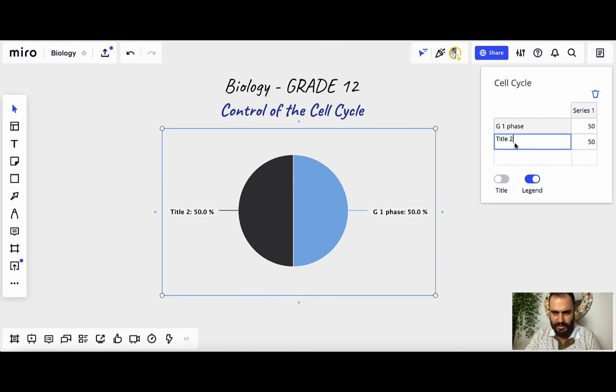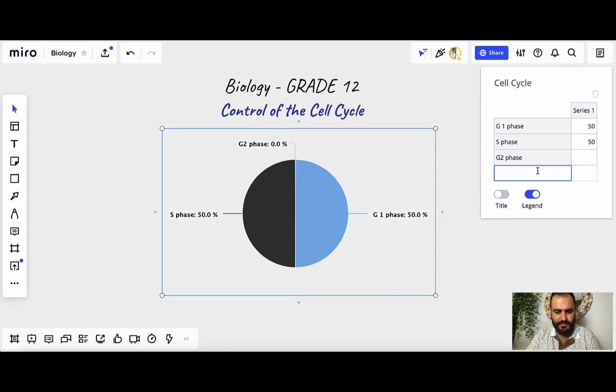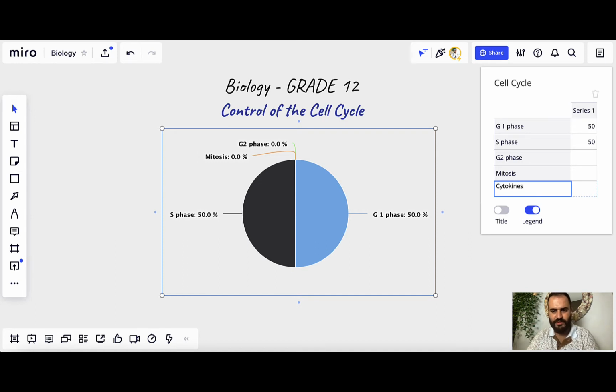Then we have the S phase, the phase where DNA is replicated. Then G2, gap 2 phase. Then we move to mitosis. I'm not going to mention all the phases. We have prophase, metaphase, anaphase, telophase, and cytokinesis, the last stage in the cell cycle.